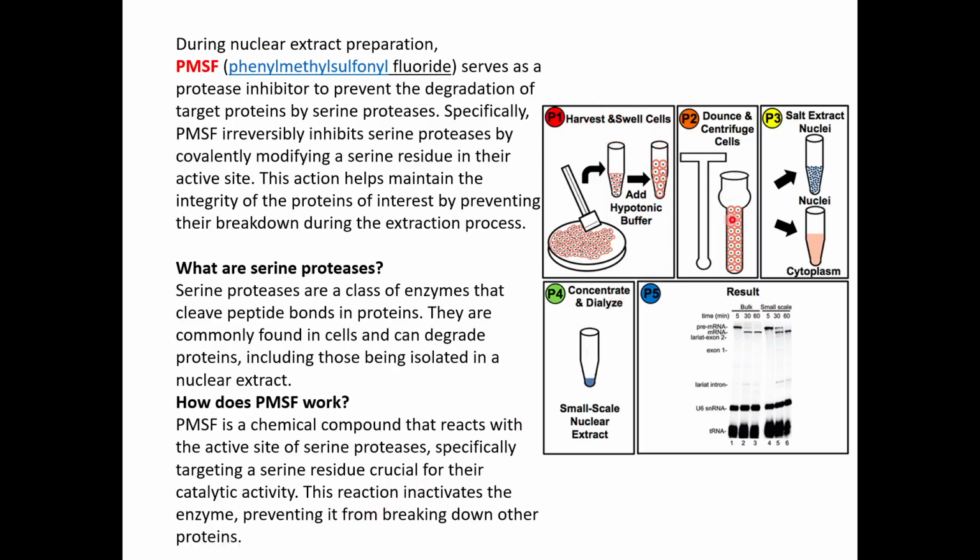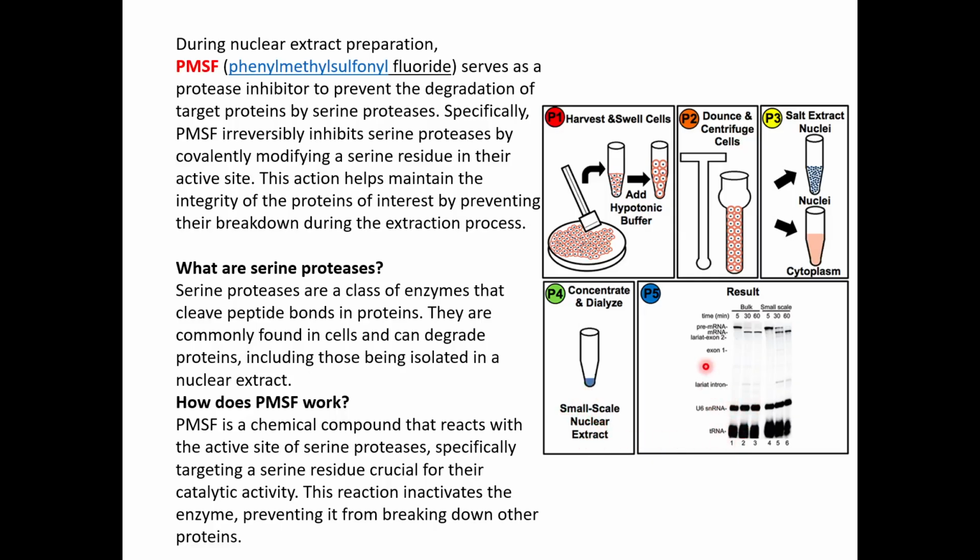So you can see this is usually the process for nuclear extraction. You have cells, you swell them in a hypertonic buffer, and then you homogenize them with the Dounce homogenizer. Then you have salt extract nuclei, and then you have cytoplasm separated. Then you concentrate and dialyze it into a small scale nuclear extract.